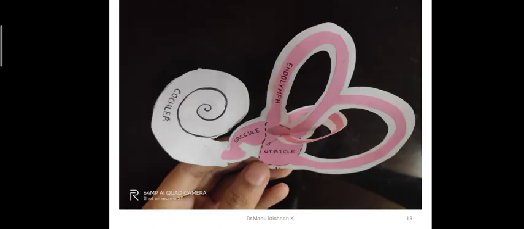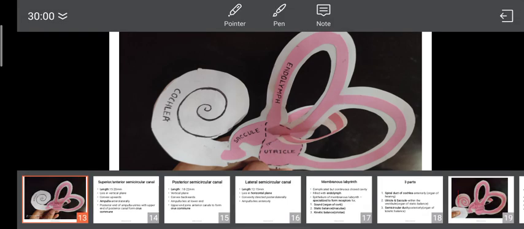So here you can see the anterior or superior semicircular canal and the posterior semicircular canal join together to form the crus commune. This joining point is called the crus commune, and it opens as a single opening into the vestibule.